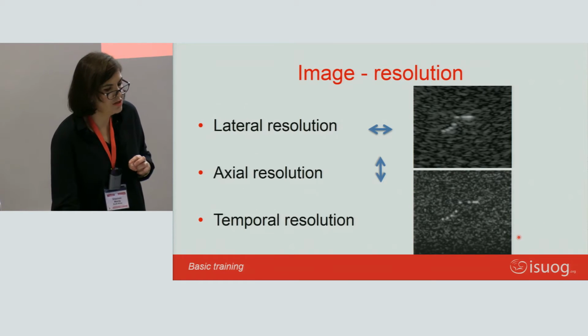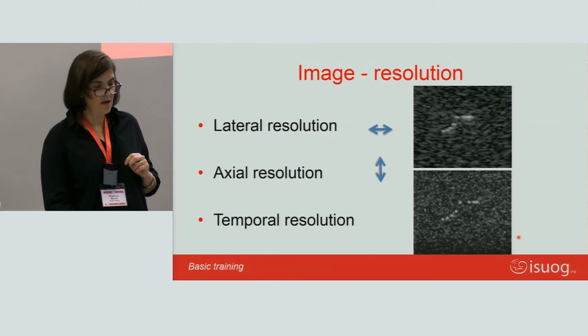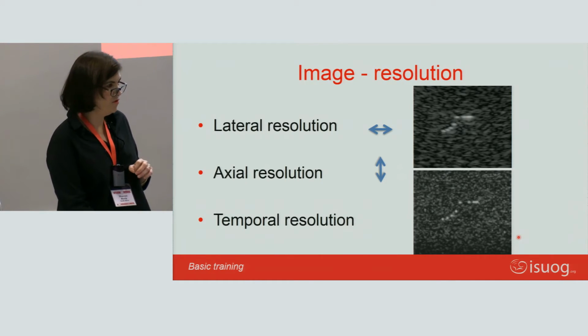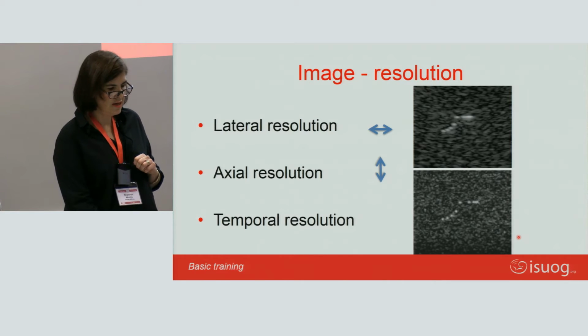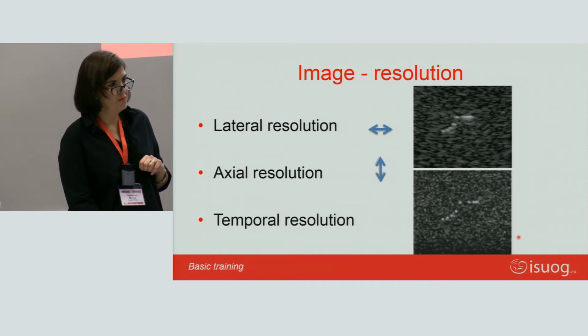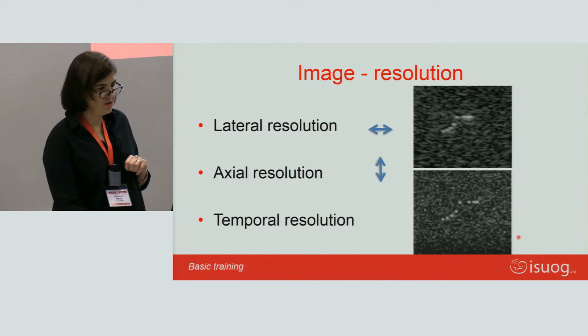And temporal resolution is the capability to depict a moving structure in different consecutive ultrasound images. So if you have a high number of frames per second, each image will give you a small movement of a heart valve. But when you have low temporal resolution, you may not be able to see the different steps of the moving structure.